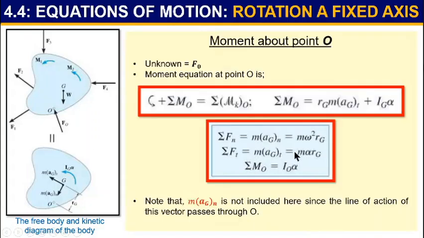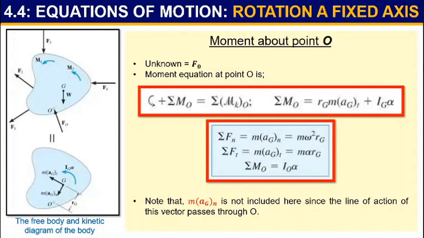Now, moment about point O. The unknown is FO. So the moment equation at point O is as follows: moment O equals RG M AGT plus IG alpha. Then you can simplify the equations of motion.